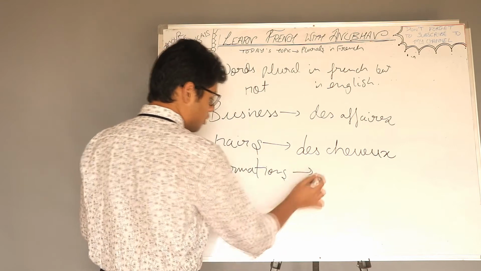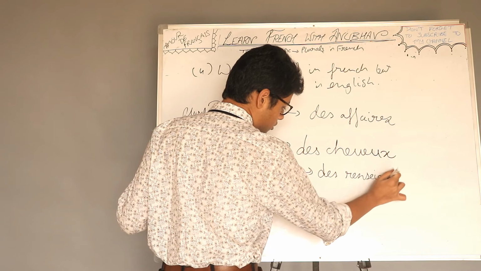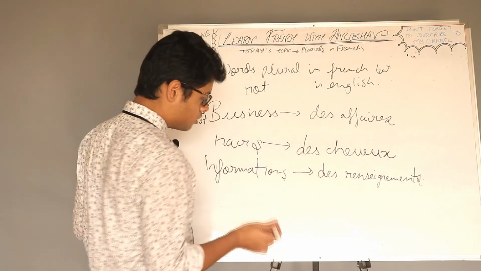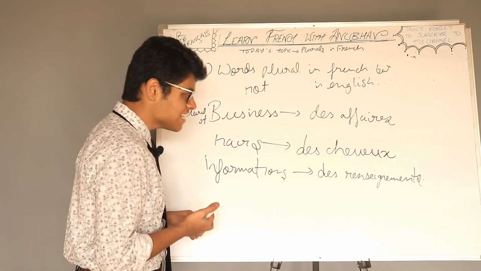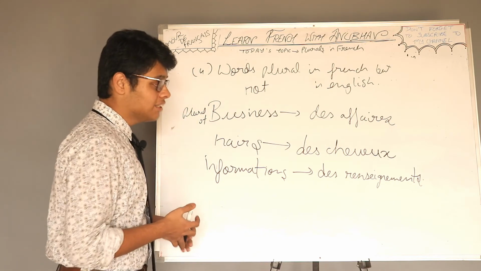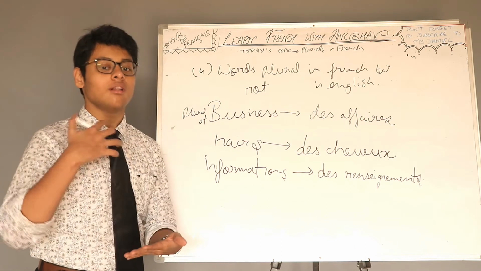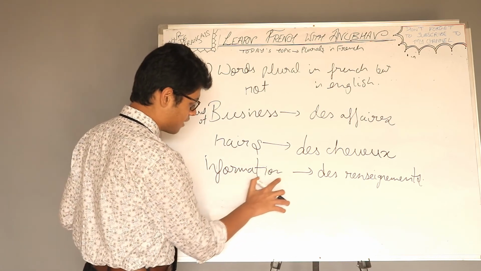So we have des renseignements. Quite a long word, renseignements, R-E-N-S-E-I-G-N-E-M-E-N-T-S, and it does not exist in singular, it will be plural only. Like informations, I don't think it's fine.